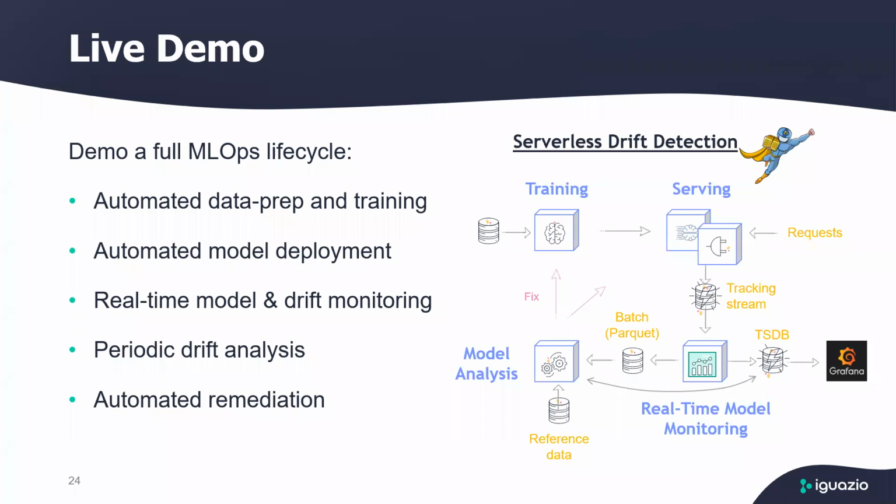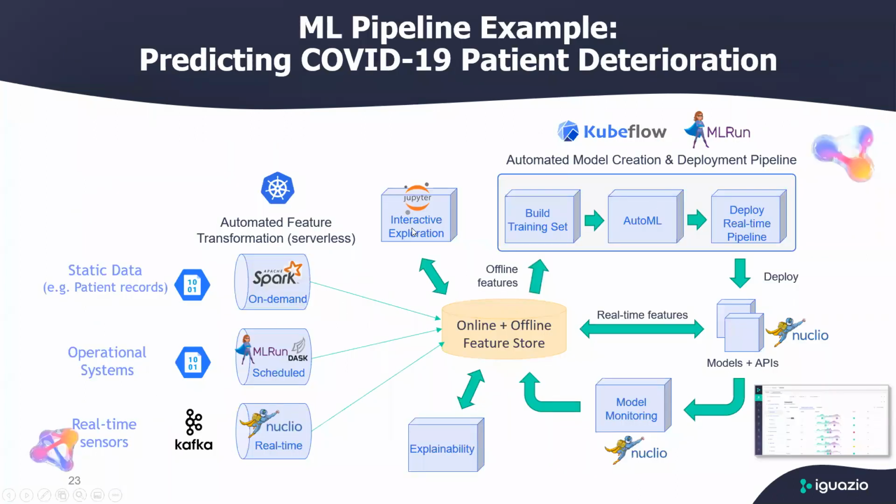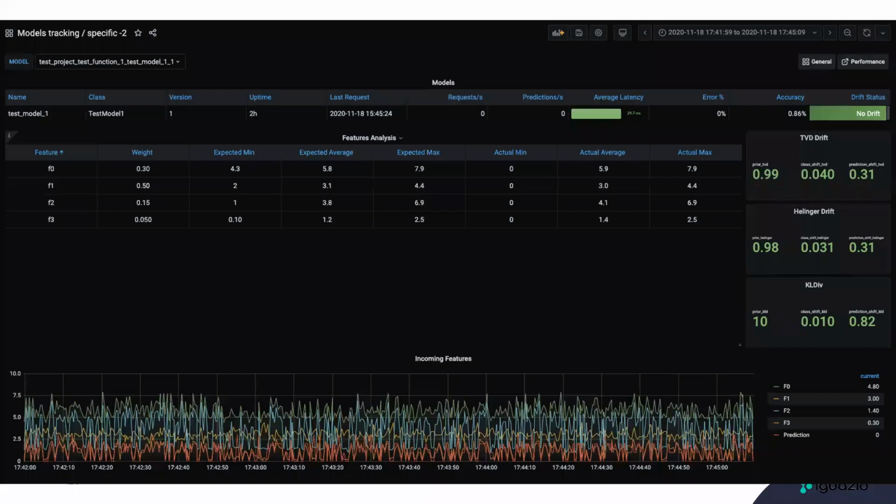So we talked about bringing the data, doing interactive exploration, running the complete training, building the models, working against a real-time feature store, monitoring the models, and finally, we can also do other analysis on the same data. This is, by the way, how it looks when the actual results are already calculated.